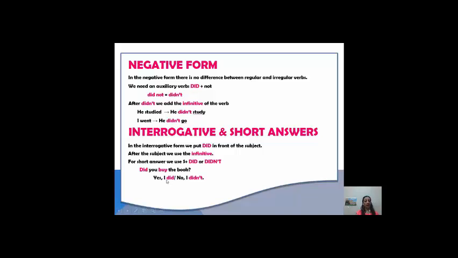Yes, I did, or no, I didn't. This is a regular verb. Did the children study? Yes, they did, or no, they didn't. Okay? Good? Okay.